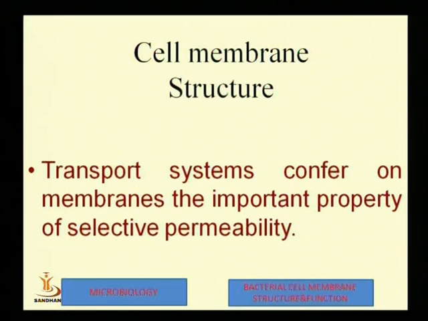That receptor makes molecular changes within the cell and activates the transporters, and the activated transporters make the cell membrane permeable for the selective material. That whole system is known as a transport system. These transport systems confer on the membrane the important property of selective permeability.